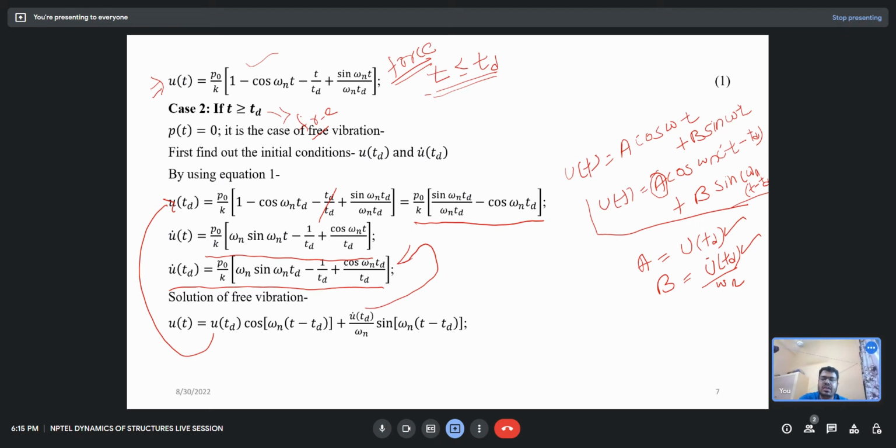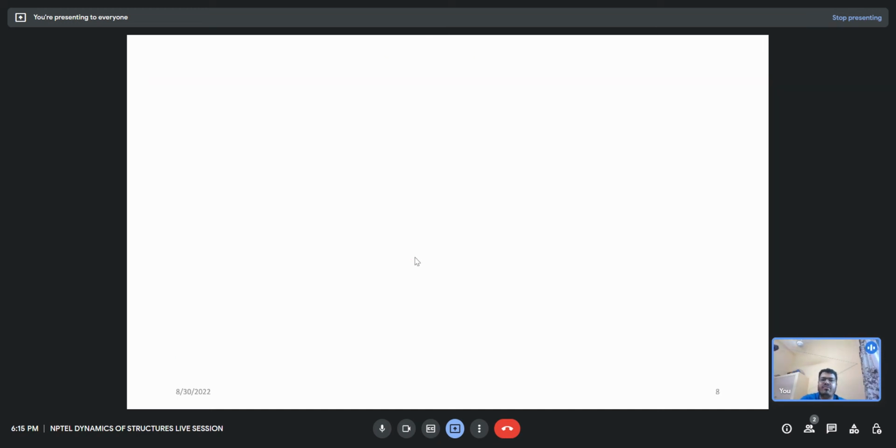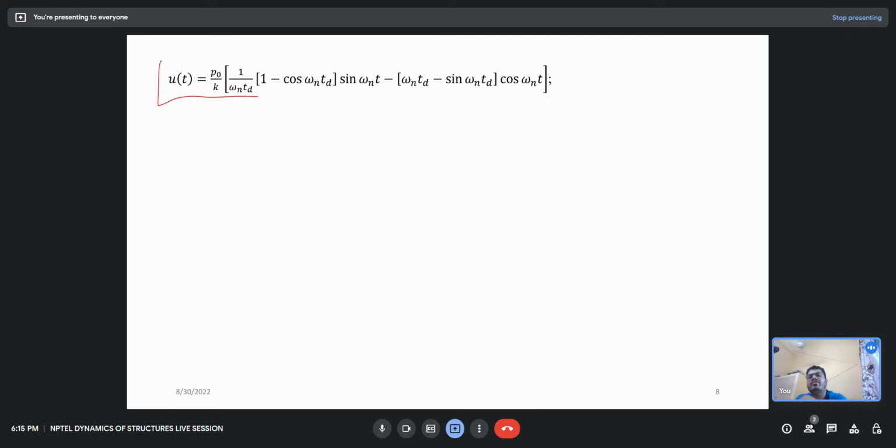After putting these terms and rearranging, which I am not discussing here, my final solution comes out to be this one: u(t) is equal to p naught by k times 1 over omega n td, times 1 minus cos omega n td sin omega n (t minus td) minus sin omega n td cos omega n (t minus td). So this is the response of free vibration when t is greater than or equal to td.